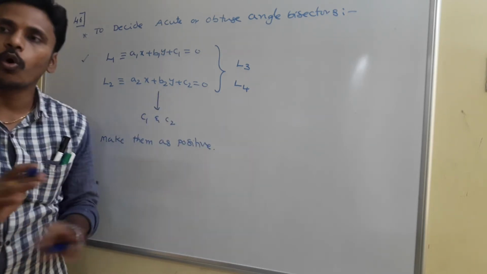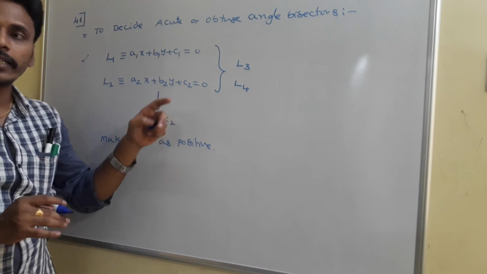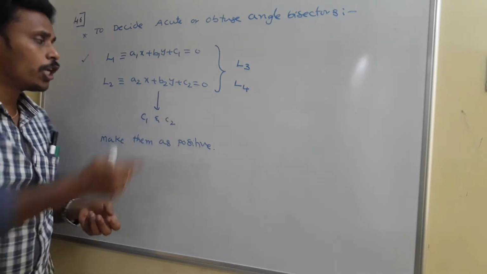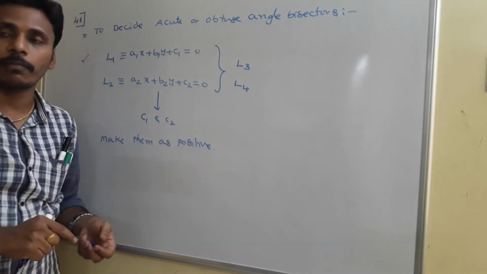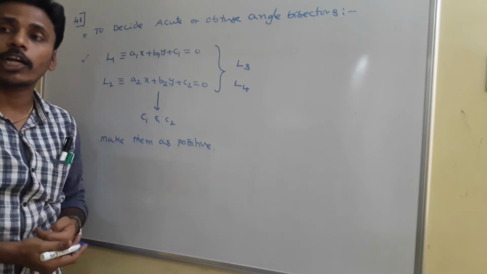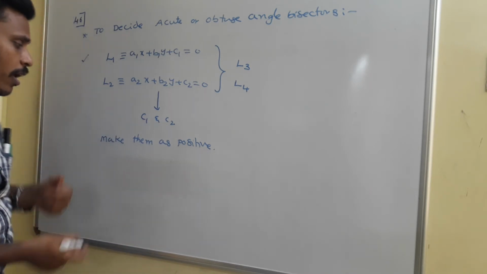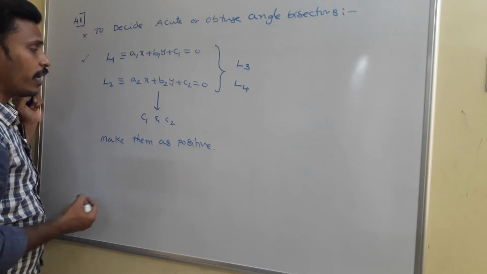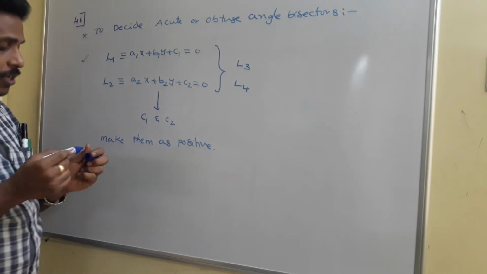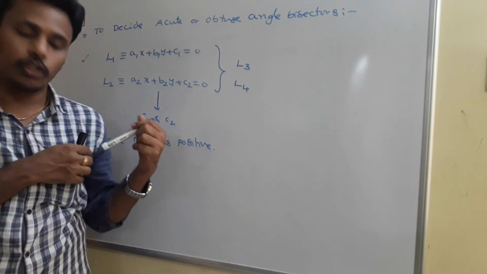If either C1 or C2 is negative, you just multiply the whole equation with a minus sign, then automatically you will get a positive constant. That is, you need to consider the two equations L1 and L2 with positive constants.